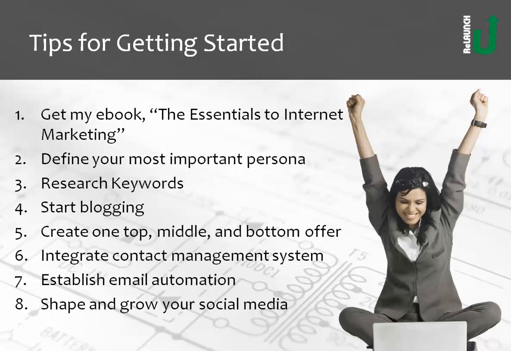Create one top, middle, and bottom offer that people can use or view on your website, and create calls to action and a conversion path that's going to lead them through. Make sure you have integrated a contact management system so you can automatically email them once they've started subscribing, and shape and grow your social media to grow your influence.